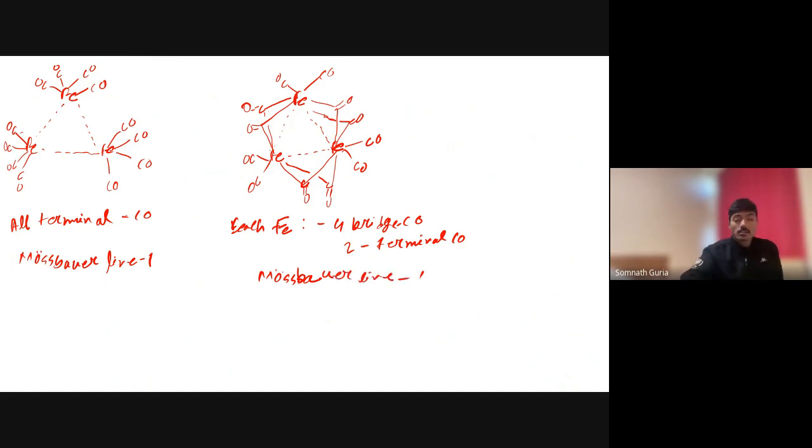The line will be 1 because all the iron looks similar, and it will give you the 1 Mossbauer spectra. Now another possible structure.